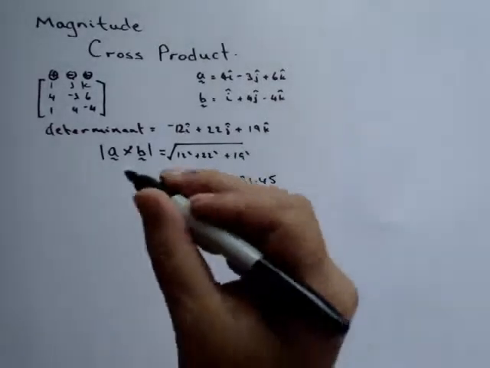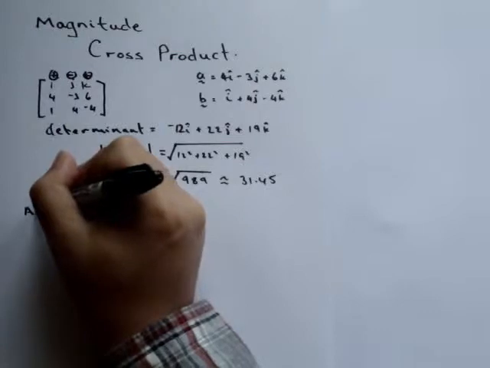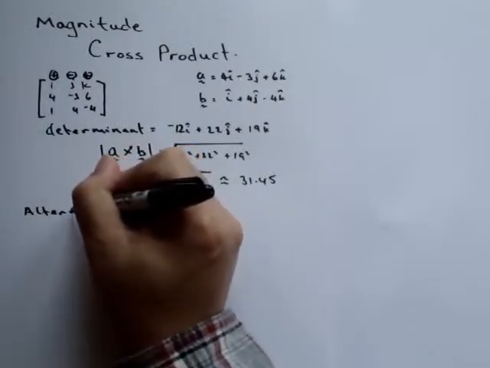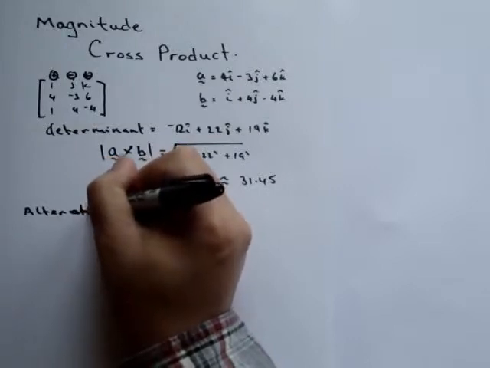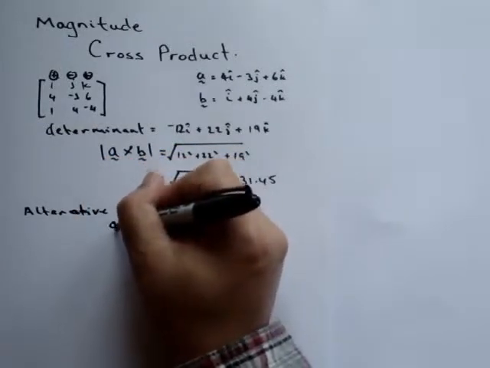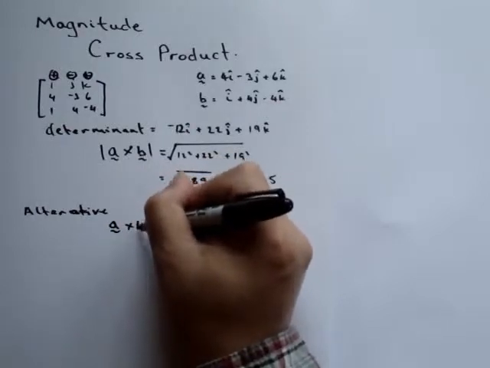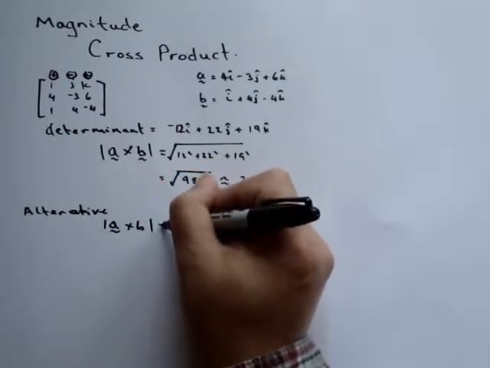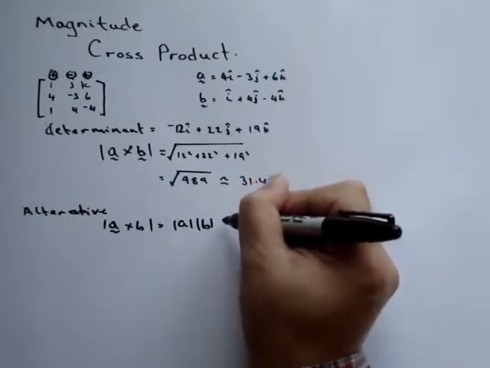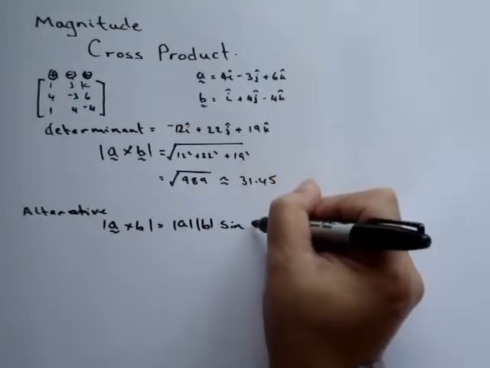So that's one method. The alternative is to use our A times B. The magnitude is AB sine theta.